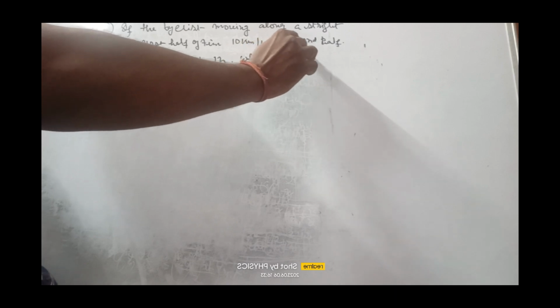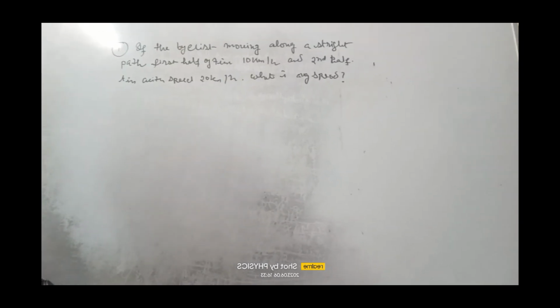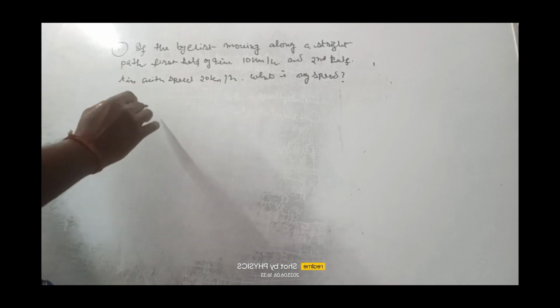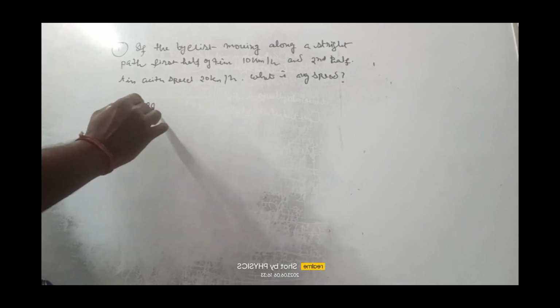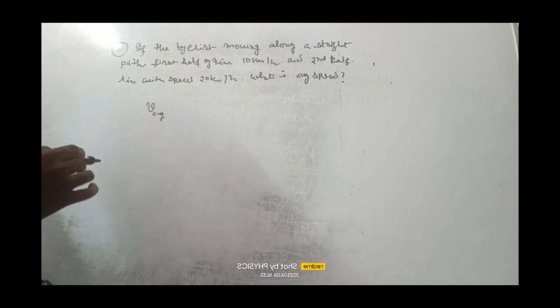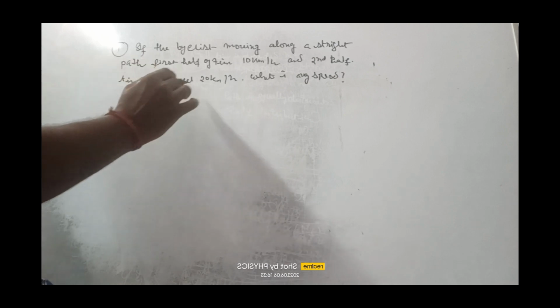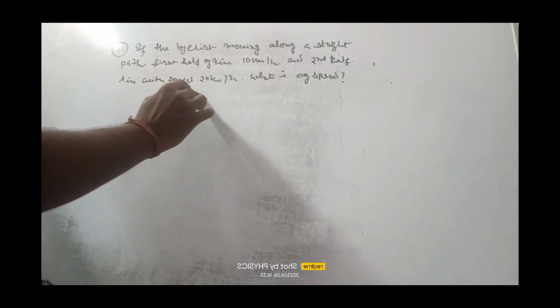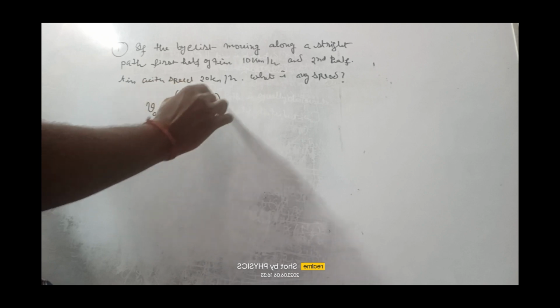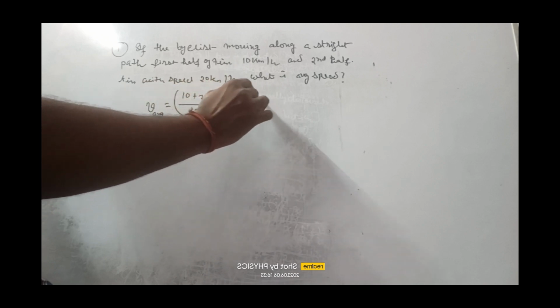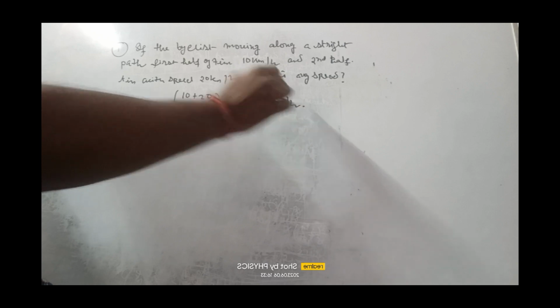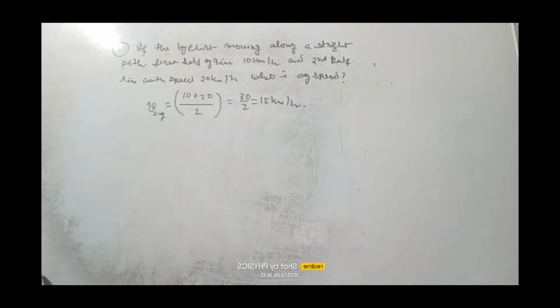What is the average speed? The average speed will be solved with a trick. V average, if it is an equal time interval, that is half time each, we will only add 10 plus 20 and divide by 2. That will give you 30 by 2, that is 15 km per hour is the answer. Within a second we can solve it.